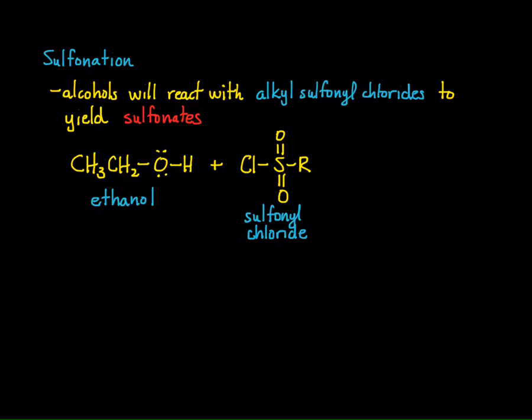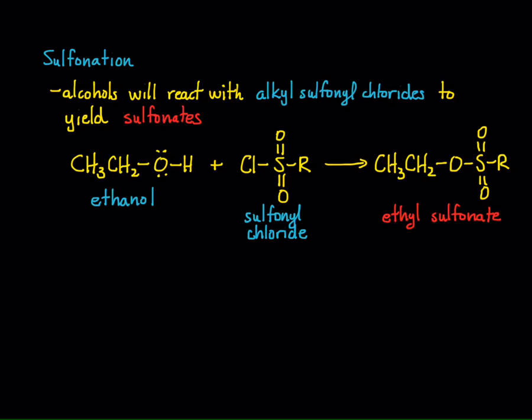And what happens is the oxygen of the ethanol can attack the sulfur and essentially displace the chloride ion. And now the chloride ion can come in and deprotonate the oxygen, and what you end up with is something that looks like this. So now the oxygen is attached to that sulfur, right? And what we've now formed here is what's called ethyl sulfonate.